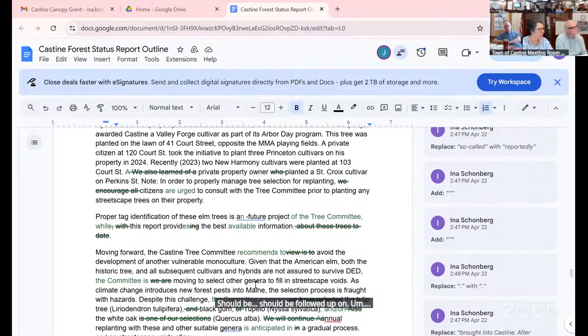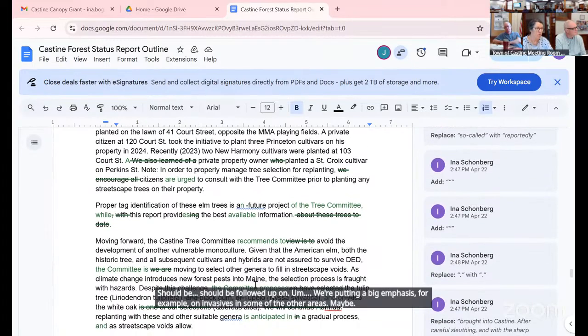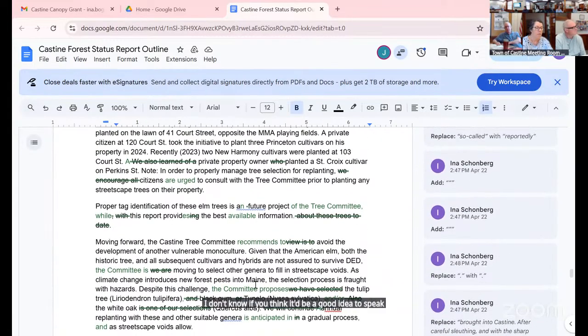We're putting a big emphasis, for example, on invasives in some of the other areas. Maybe, I don't know if you think it would be a good idea to speak to that, or other pests and diseases that we need to be monitoring for. Should we have a citizen science kind of monitoring group that looks at and identifies where there are issues?